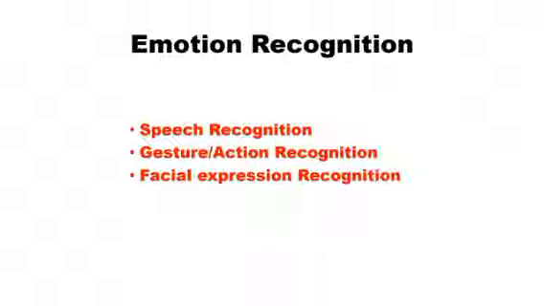In this, by watching the movement or action or gesture, you can easily identify the emotion of that particular person. Then the third one is facial expression recognition. In this, by watching the facial expression of that particular person, you can identify the emotions of that person. So all these three terms come under emotion recognition. By observing these, you can easily find the emotion of that person.